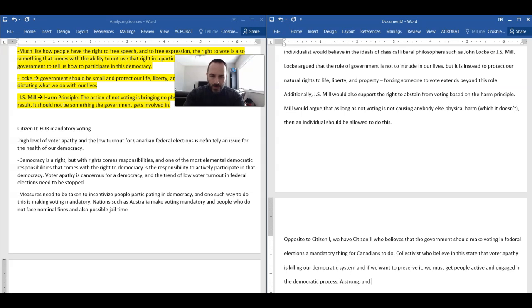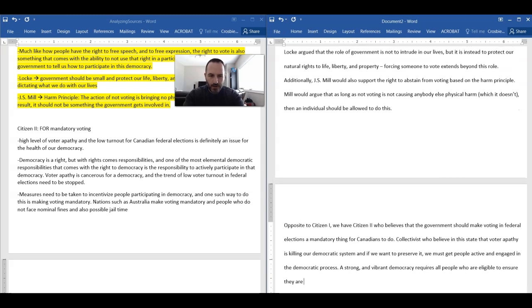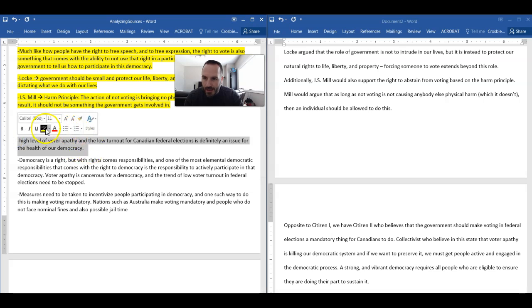A strong and vibrant democracy requires all people who are eligible to ensure they are doing their part to sustain it. Okay, let's highlight that. We got that.